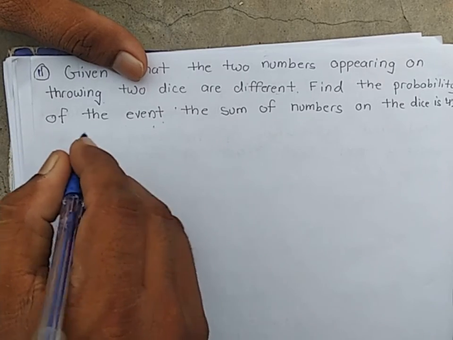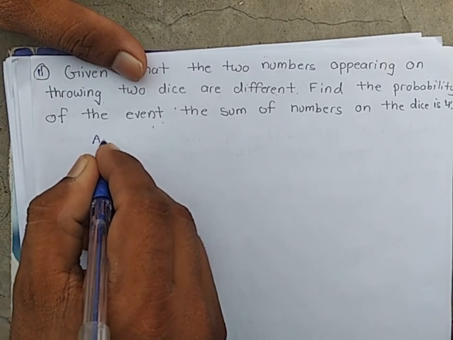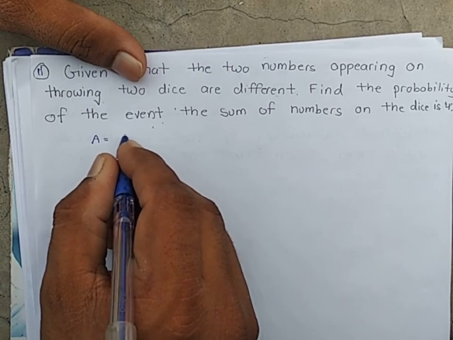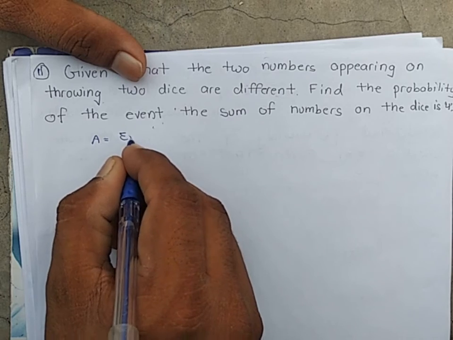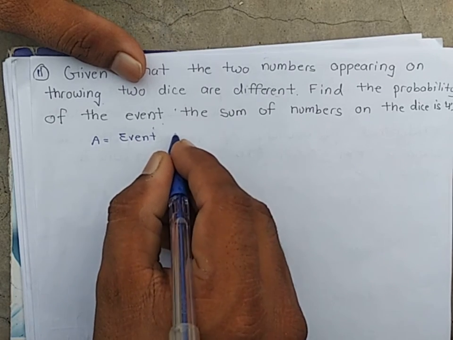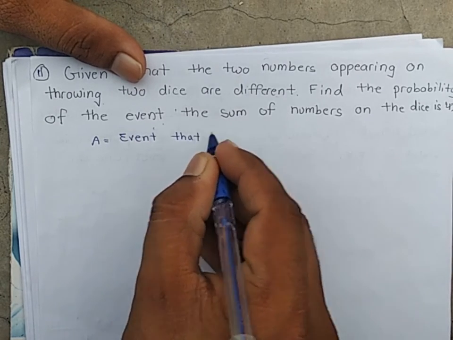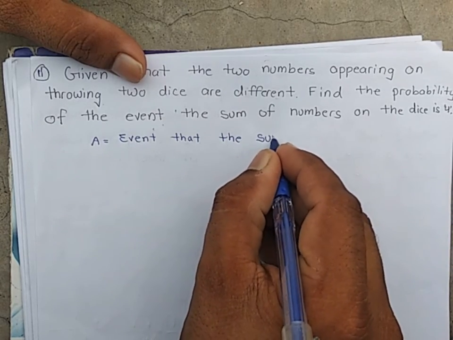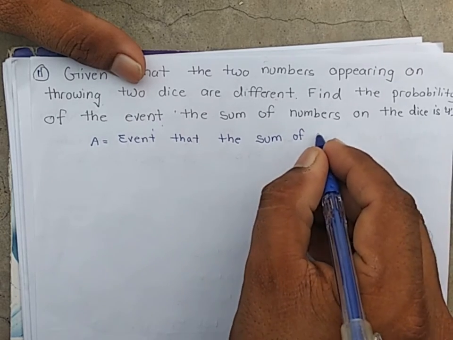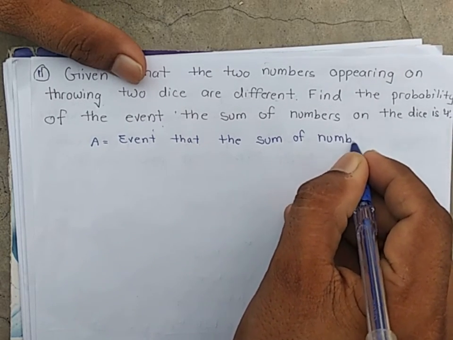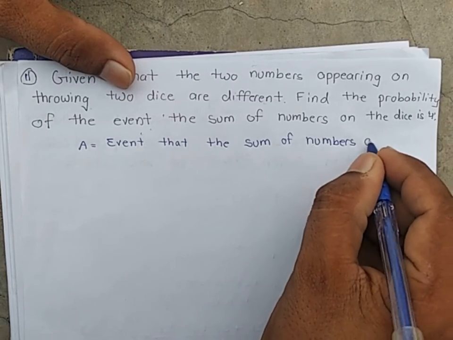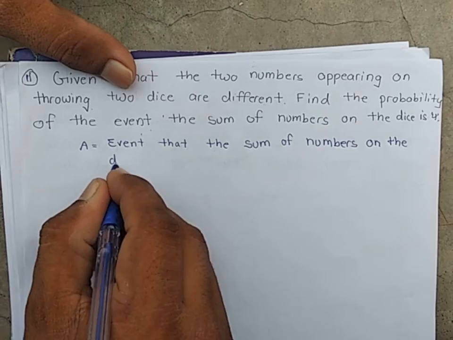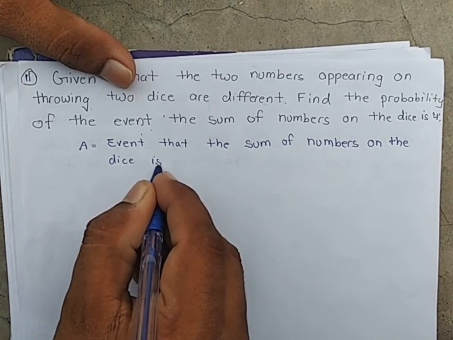Then let A is the event that the sum of numbers on the die is 4.